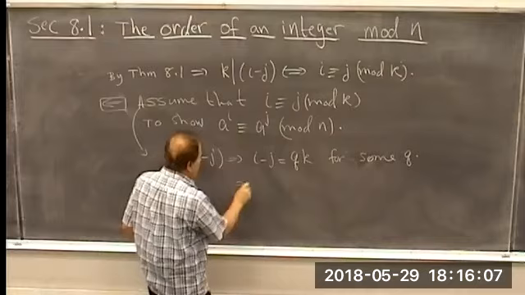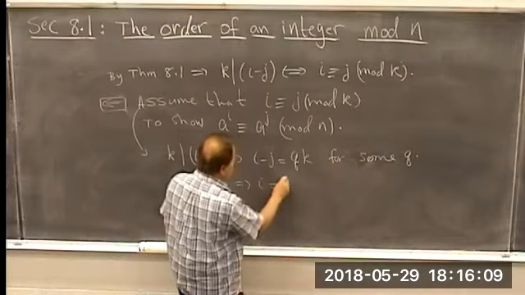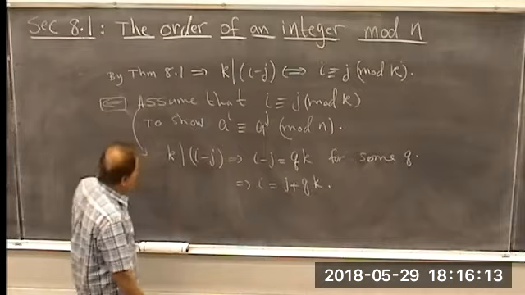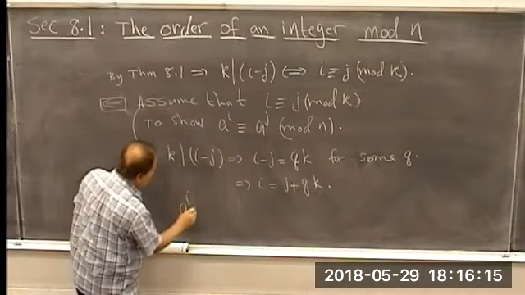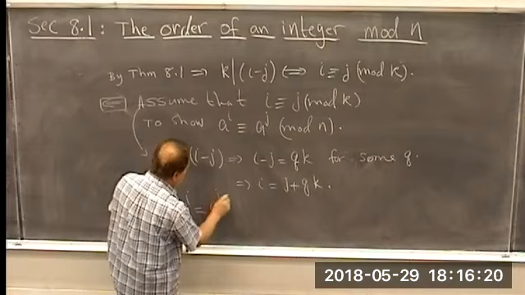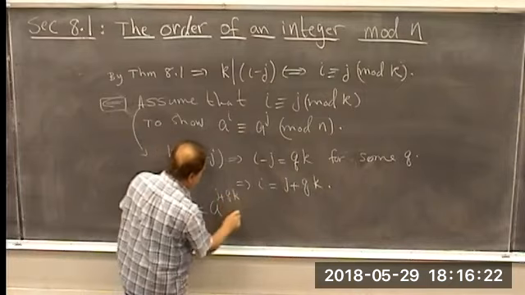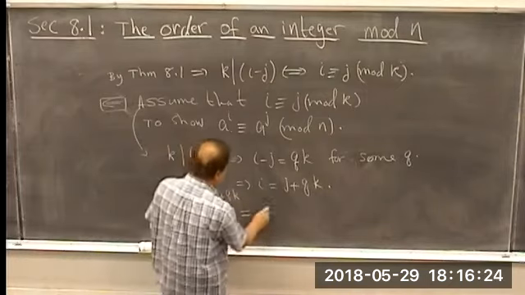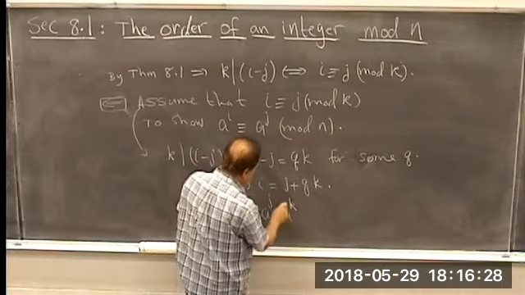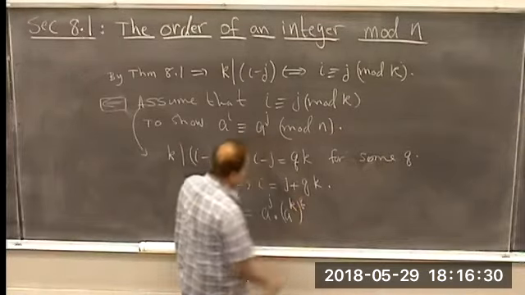And this implies i equals j plus qk, okay? And let's take a^i, which is equal to a^(j+qk). And this is equal to a^j multiplied by (a^k)^q.